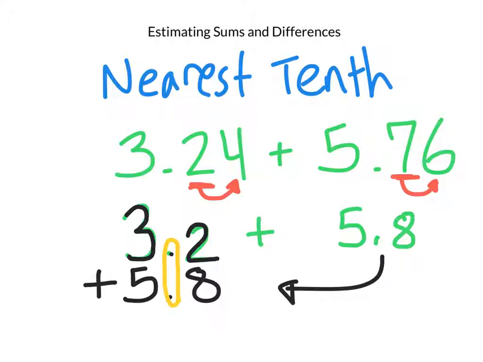And if they're lined up, then we're going to get a great answer. So here we go. 2 plus 8 is 10, so I'm going to put a 0 there and carry the 1. 1 plus 3 plus 5 is 9. And now I'm going to drop my decimal down right in that spot, so it's in a nice line. And the answer is 9.0.